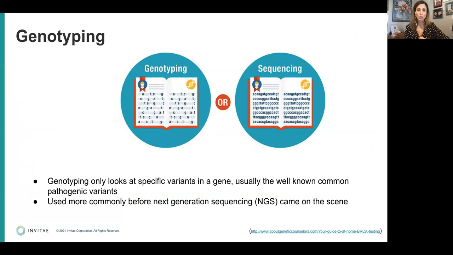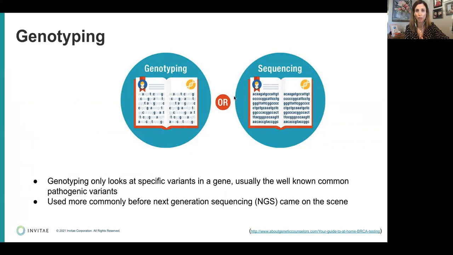So genotyping is when there is a genetic analysis completed that looks only at specific variants that are well known to be pathogenic and potentially associated with a disease or with therapeutic implications. I tend to think of genotyping like looking at hotspot mutations in KRAS or BRAF that can have important therapeutic implications.